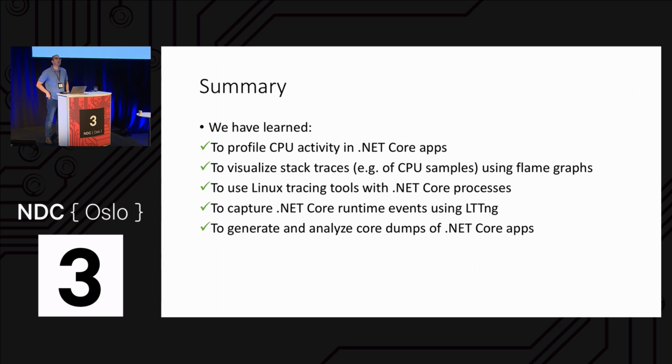I mean, no reason why standard Linux tools wouldn't work for .NET Core processes. We looked at .NET Core runtime events like GCs and exceptions, which are emitted using LTTNG. So we have to use the LTTNG toolset to look at those. And finally, we looked at dump generation and analysis, which requires lldb and the SOS plugin and a bunch of additional commands that you have to remember.